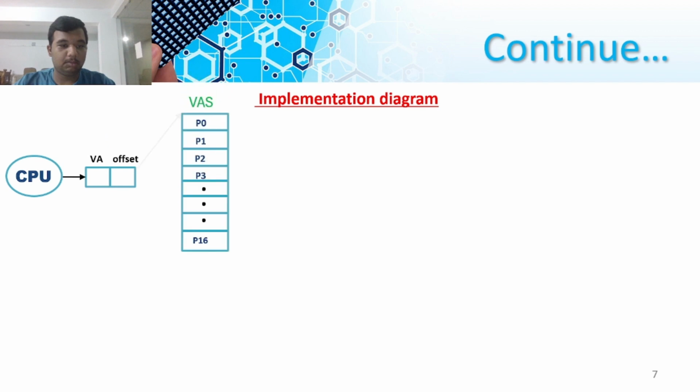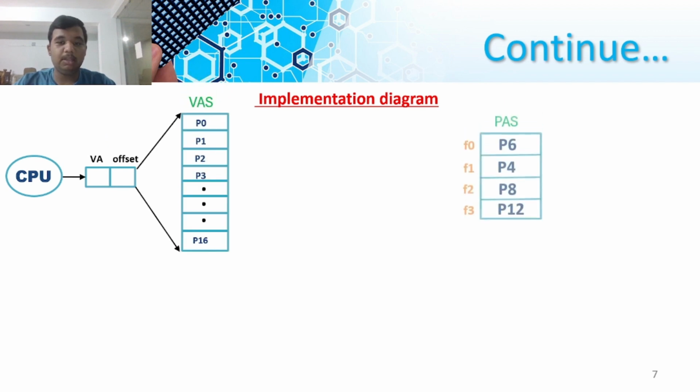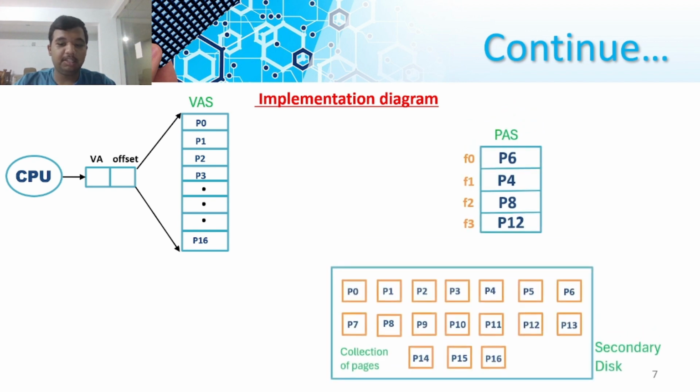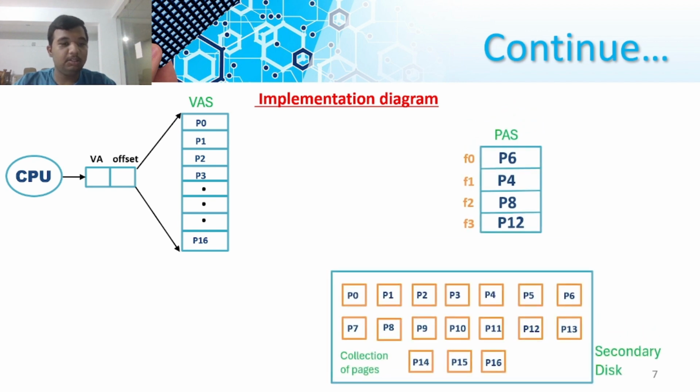This is the important diagram for understanding virtual memory. Let's see the diagram. Here the virtual address space, main memory and secondary memory are connected to the CPU. In the virtual address space, there are pages 0 to 16 available because the address bits of the virtual memory are 17 bits.